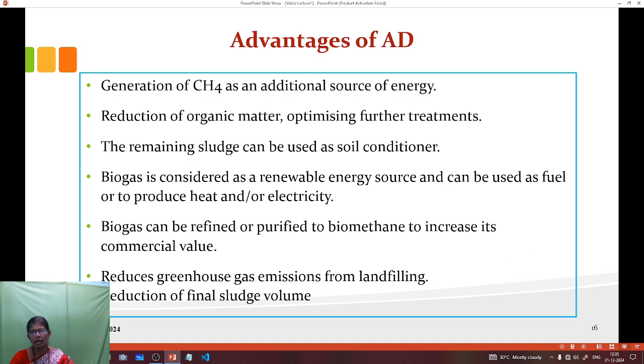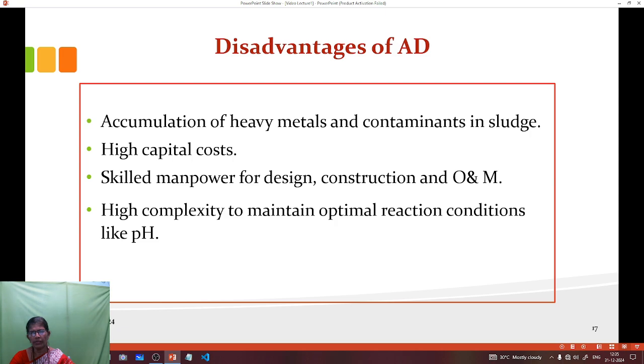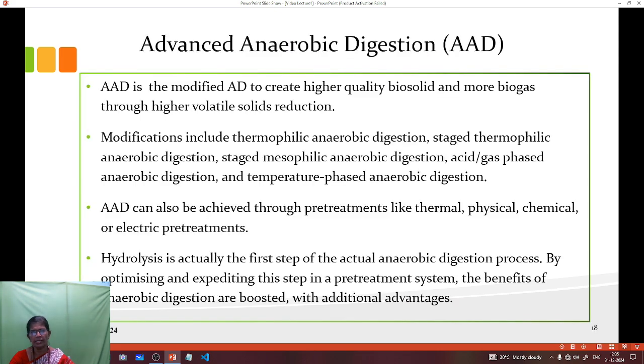Some disadvantages are also there: accumulation of heavy metals and contaminants, very high installation costs, and skilled manpower is required for design, construction, operation and maintenance. It is also highly complex because we always have to maintain the pH conditions.